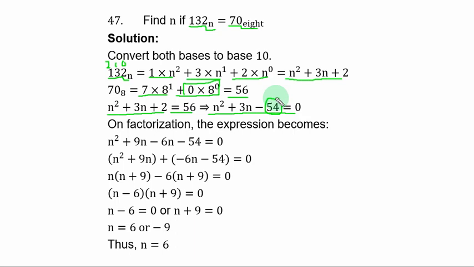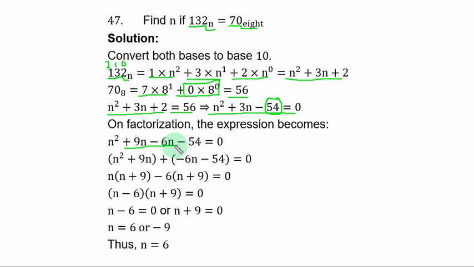To get the 3n, you simply attach n to the factors, and such factors are plus 9 and minus 6. When you attach n, it becomes plus 9n minus 6n in this form. Then you have n squared and minus 54 as well.